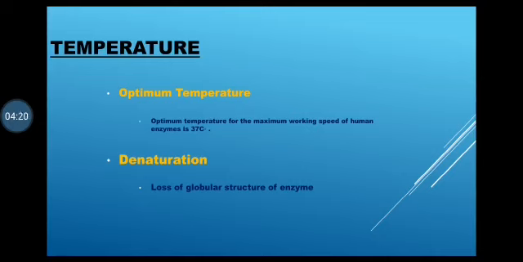But this increase in temperature has a specific limit. If we cross that limit, the enzyme molecules will hit each other at a very high speed, and then what will happen? The enzyme's shape will be lost.